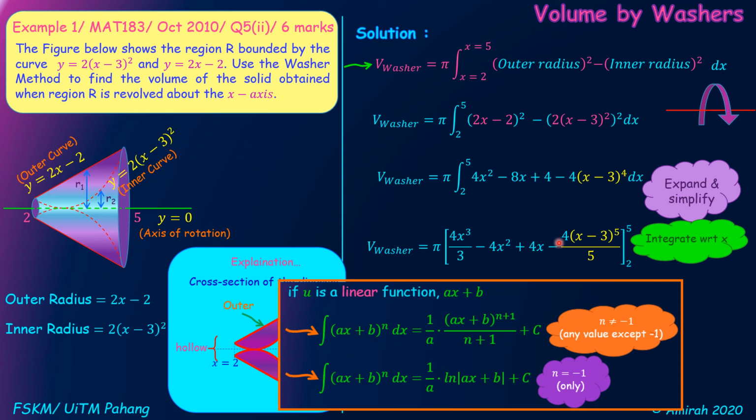To integrate (x minus 3) to the power of 4, we use this formula, so we get the linear function x minus 3 to the power of 4 plus 1, which is 5, over n plus 1, which is 4 plus 1. That's why we get over 5 here.